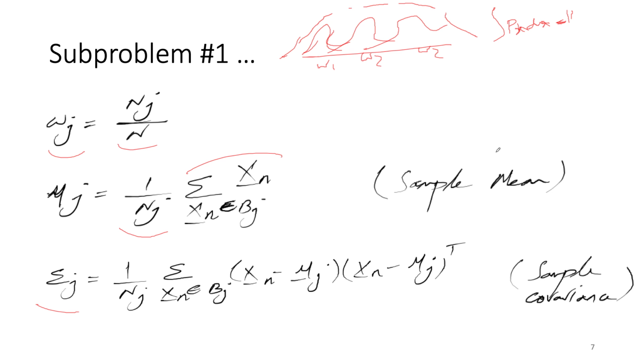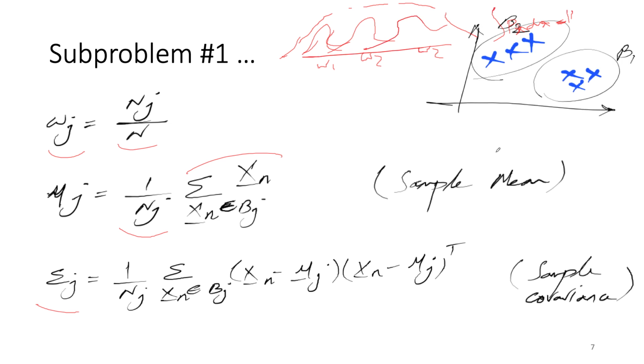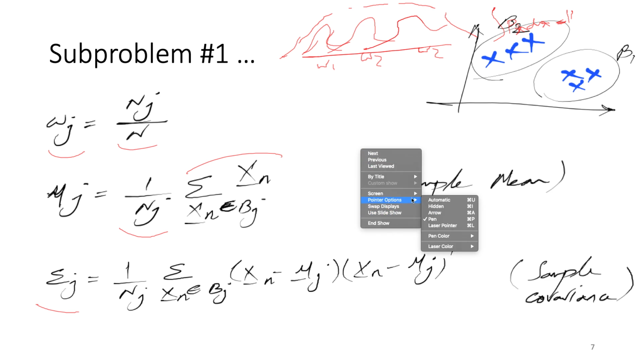So in this subproblem, we have points from our data set D. We want to find bj as the subsample of the points, and we calculate this triple that defines the Gaussian distribution parameters for those sampled: the sample mean, sample covariance, and sample w's, right? Just like this. So we have B1 and B2, given the 6 points we had.